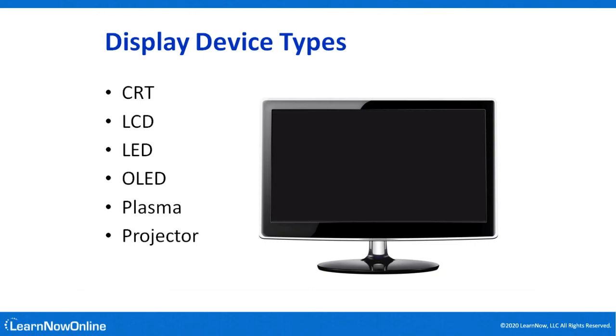So they are marketed and utilized more in television displays than in computer displays. And the final type of display device is a projector. Video projectors are often used to display video output onto a whiteboard or onto a screen when someone's giving a presentation.